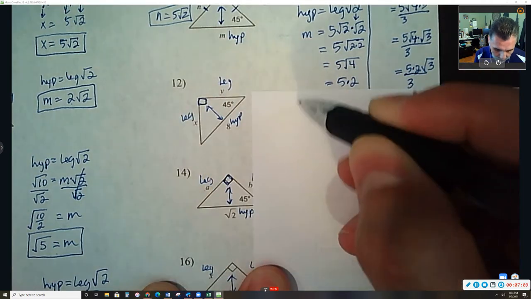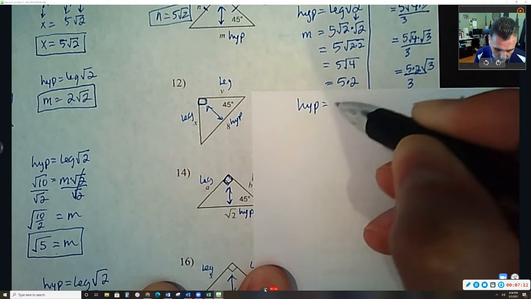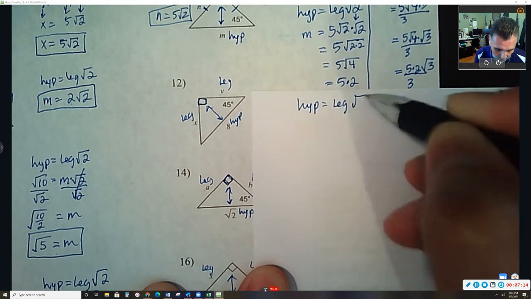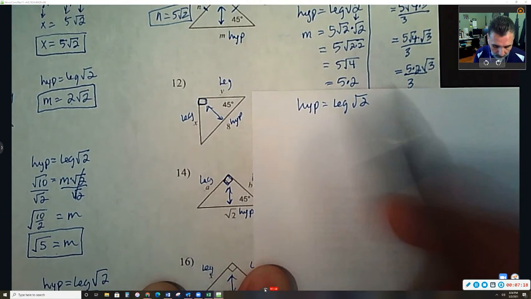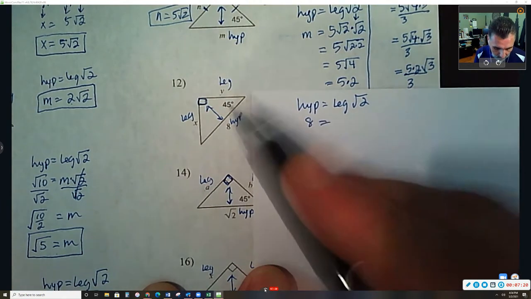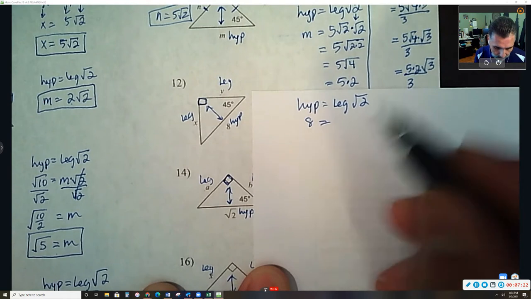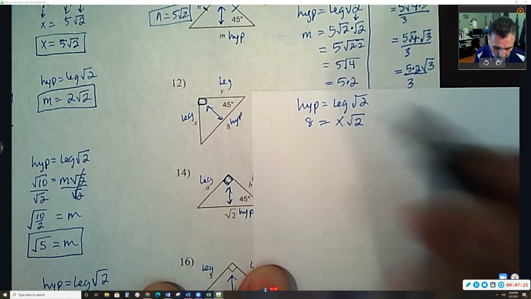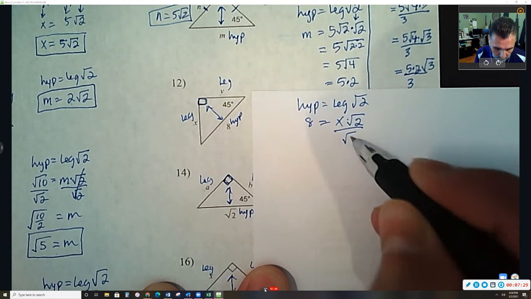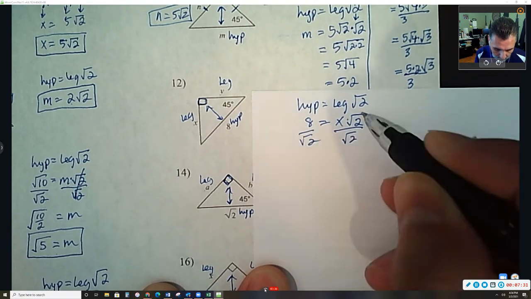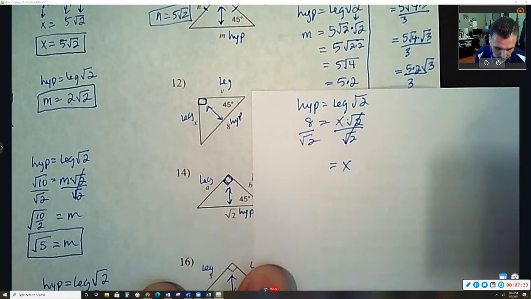Okay, so I'm going to say the hypotenuse equals the leg times the square root of 2. The hypotenuse is 8. The leg, I can use either x or y. And then I'm going to divide by the square root of 2. I divide by the square root of 2 because I want to get the x by itself.